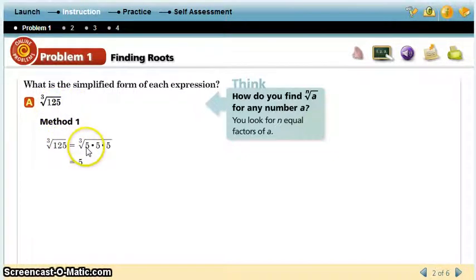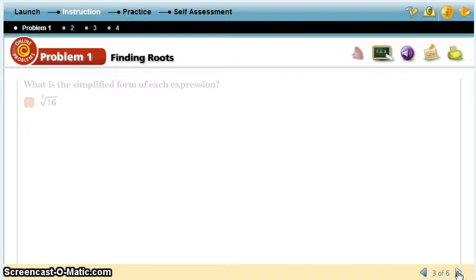So notice if I do 5 times 5 times 5, if I write out 5 3 times, that gives me 125. So that means the cube root of 125 is 5. 5 times itself 3 times gives you 125. So that's one method, to actually find that number 3 times that will equal the radicand.